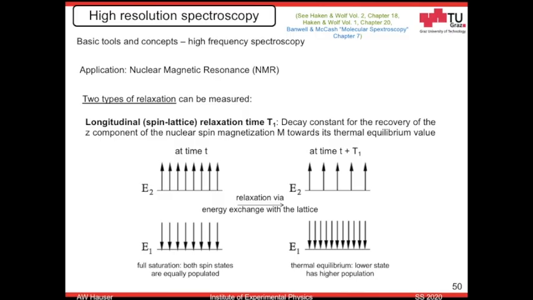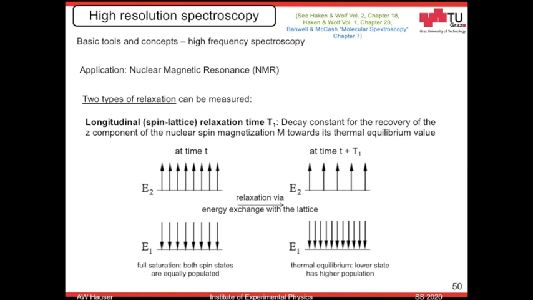What does excited state mean? Here, if we are talking about spins, it's the direction where the magnetic moment is opposing the magnetic field. This would be our state where the energy is higher, and the one where the magnetic moment is pointing along the magnetic field would be the state with the lower energy. So this is the relaxation time T1 that we can measure.